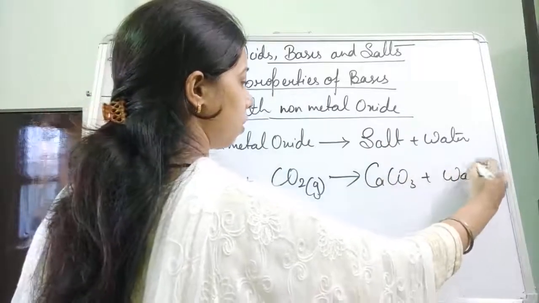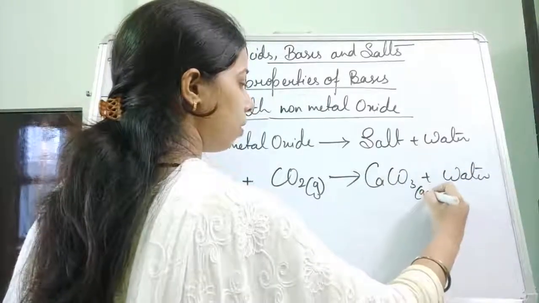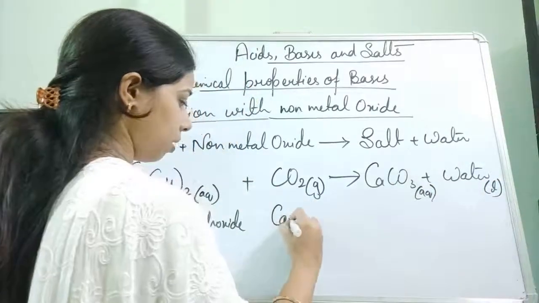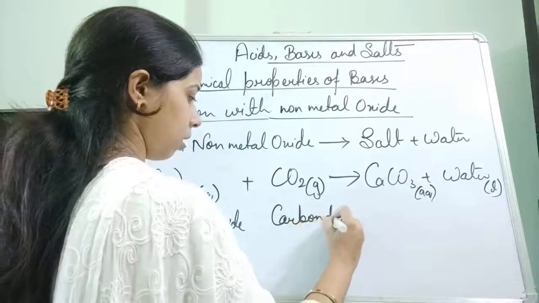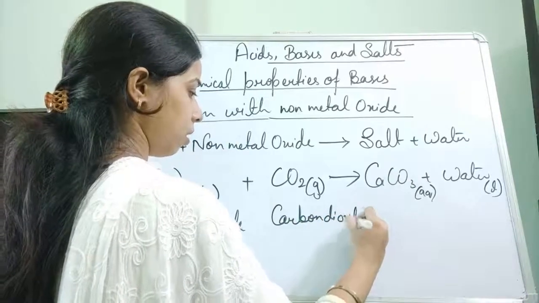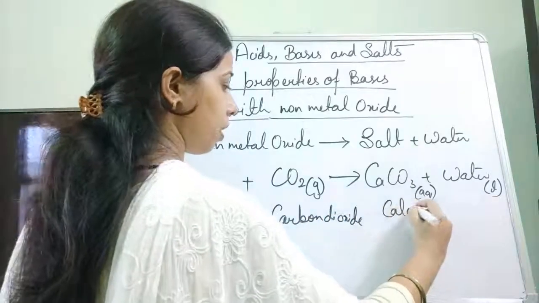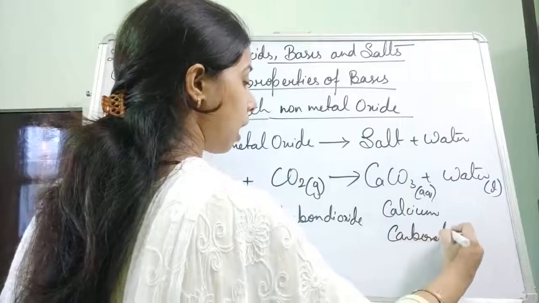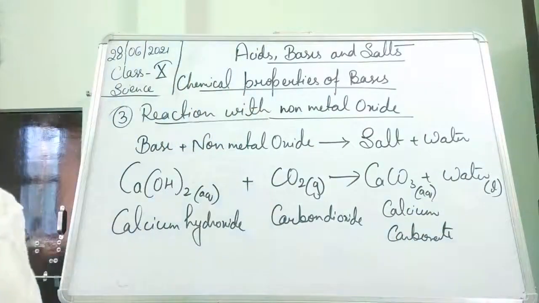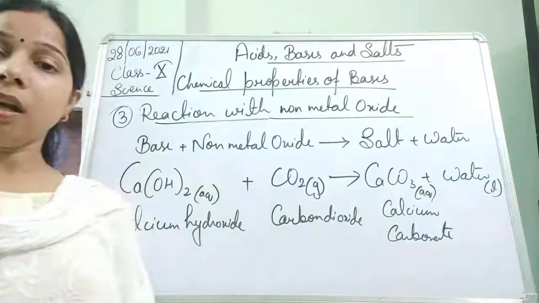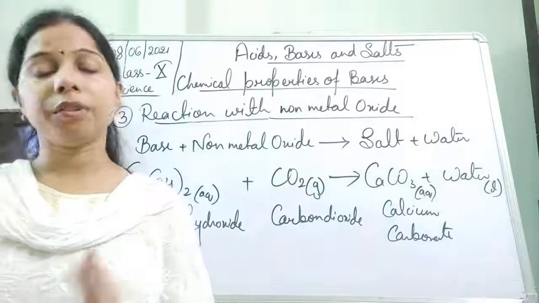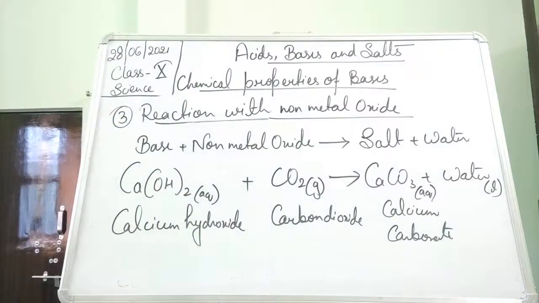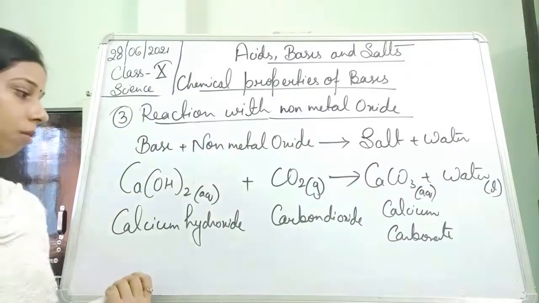This is aqueous and this is a liquid. So this is how the reaction of a base occurs with a non-metal oxide, students. Calcium hydroxide is also called slaked lime.